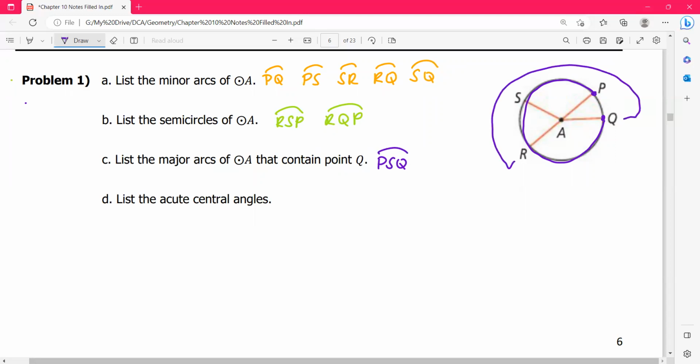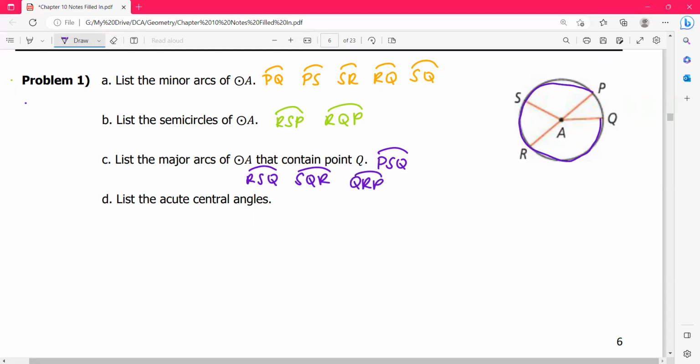I'm just going like outside there so we can see it a little bit better. We could say SQR. We can say QRP. And we can say PQS.